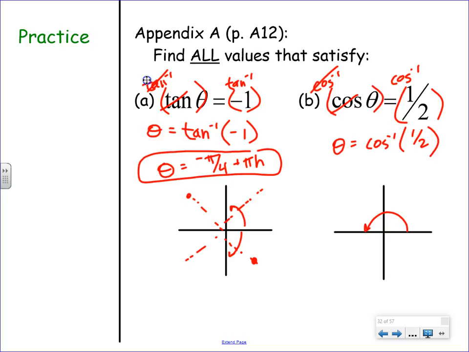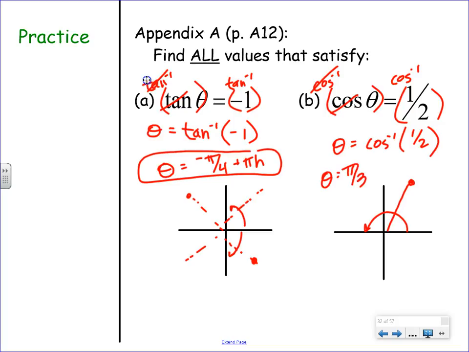Where's cosine positive 1/2? Well, not this one. Pi over 3. You see it? Cosine has to be the little baby one when sine's a really tall one. That's the way we talked about it last year. We can think of a 1, √3, 2 triangle. Anyway. Here. Yay, pi over 3.